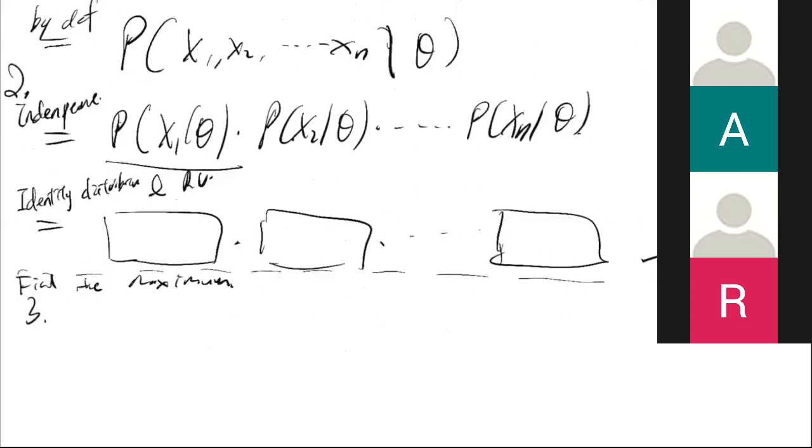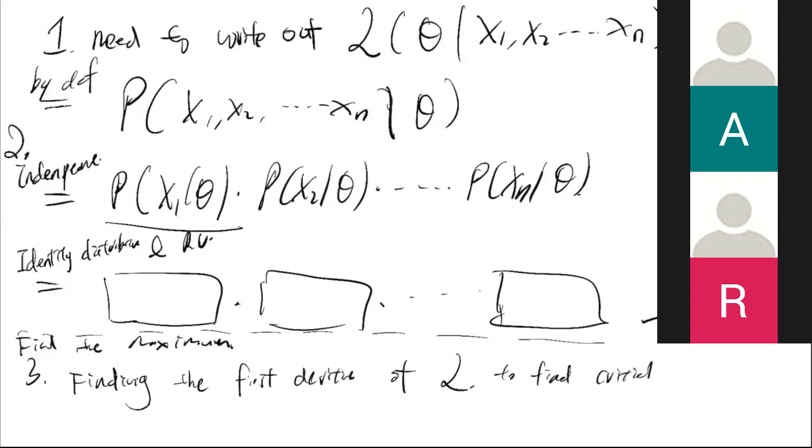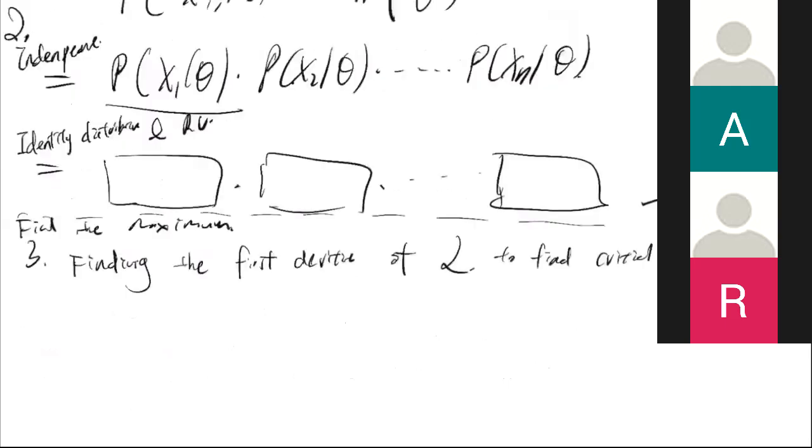And the way you find the maximum is exactly the same as what we did last time. You're finding the first derivative of the function L to find critical points. And those critical points are either maximum or minimum.